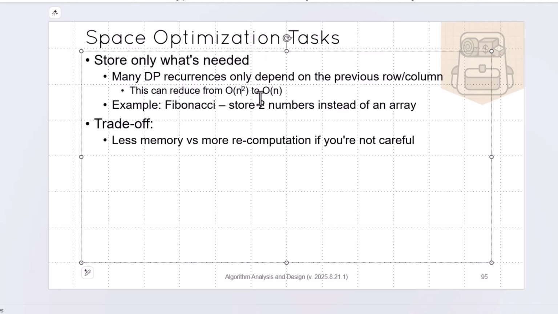That's a very significant savings. An example would be Fibonacci: store 2 numbers instead of an array. So you're going down from linear to constant, okay? Always 2 numbers, no matter how large the array is. The trade-off would be less memory versus more recomputation if you're not careful.